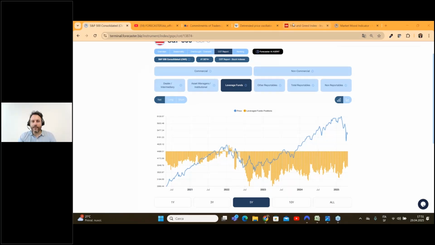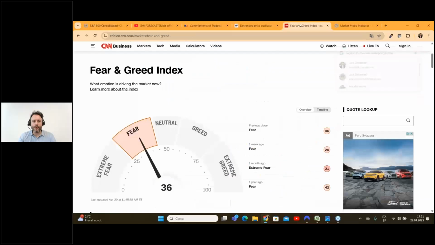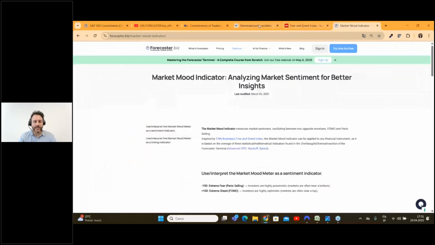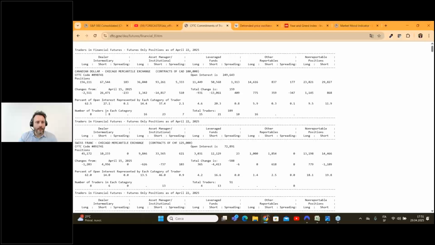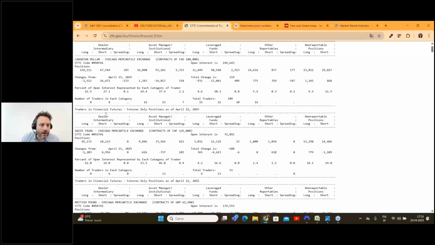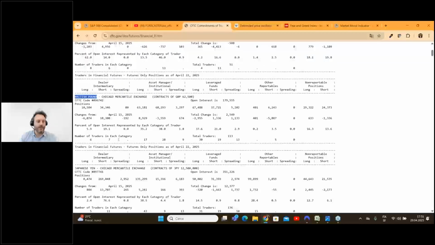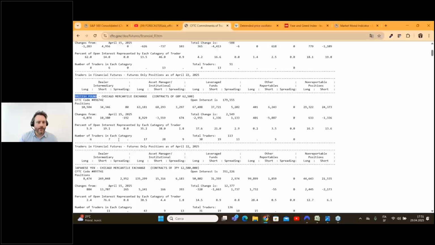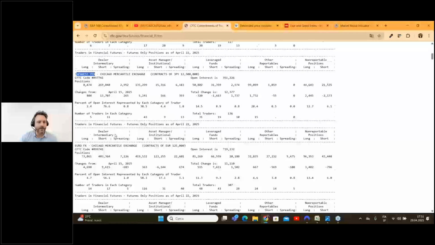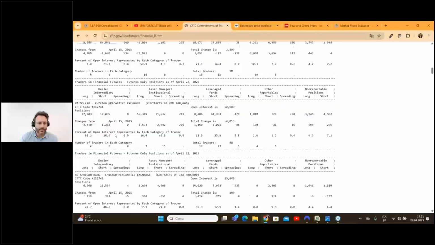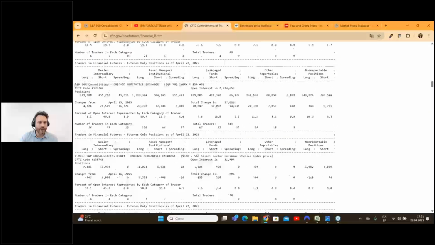Let's go back very quickly to the CFTC Commission website. For example, here you go to financials, okay? You can find all the futures for the CME, you can find everything. And of course, if you scroll down, you can find also the S&P 500.